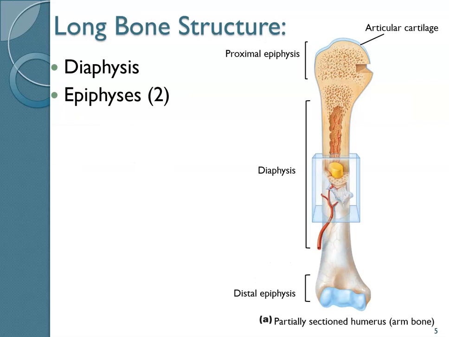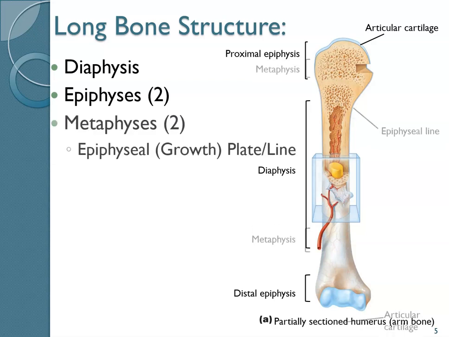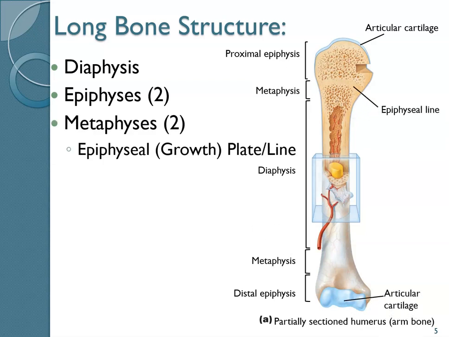Prior to looking at compact bone, let's look at long bone structure. The shaft of long bones is called the diaphysis, and the widened ends are called the epiphysis. Between these two we have the metaphysis, and this is where we would have had the growth plate.